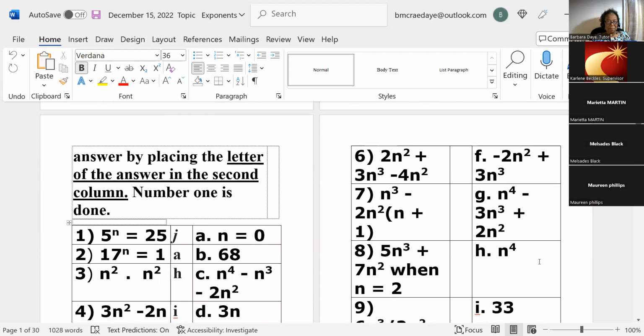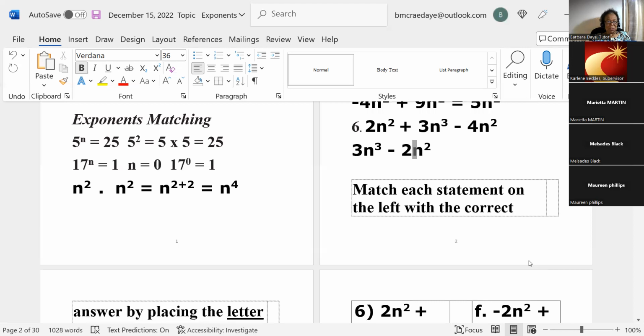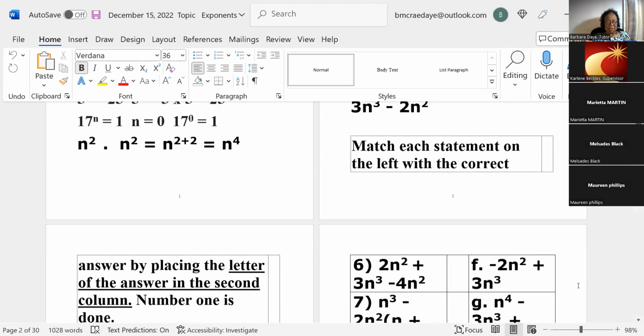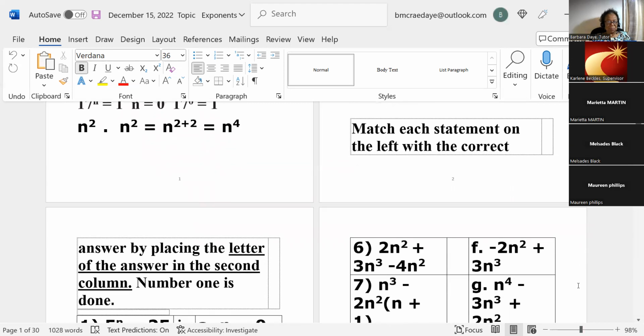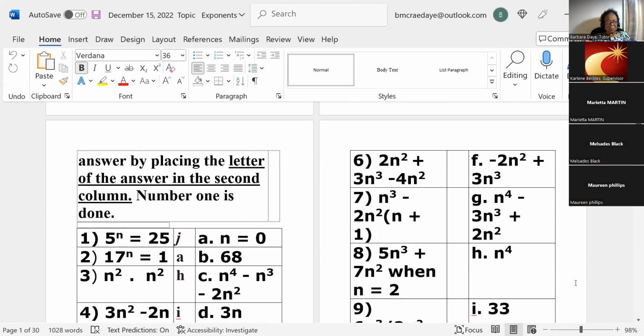It may not be in the same order, but it's the same expression. 3n to the third minus 2n to the second. Which letter is that, Mercedes? I can't see it. Yeah. Thank you.